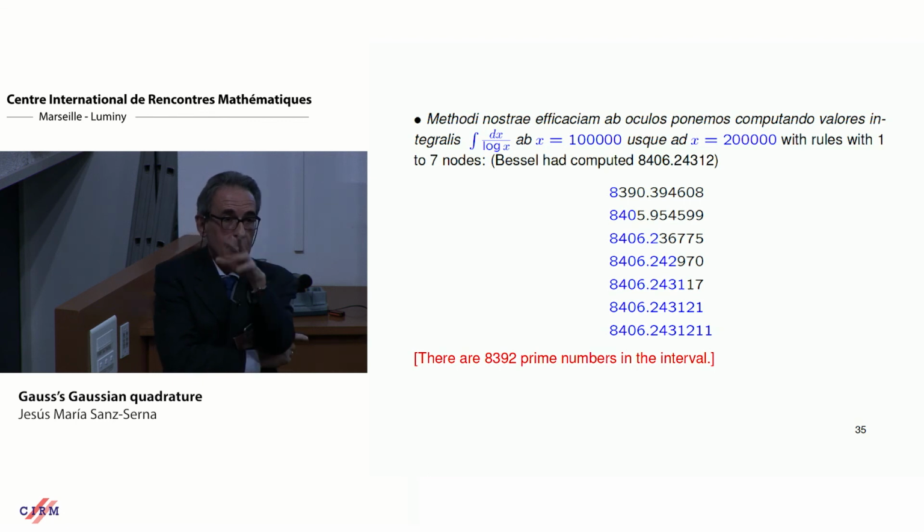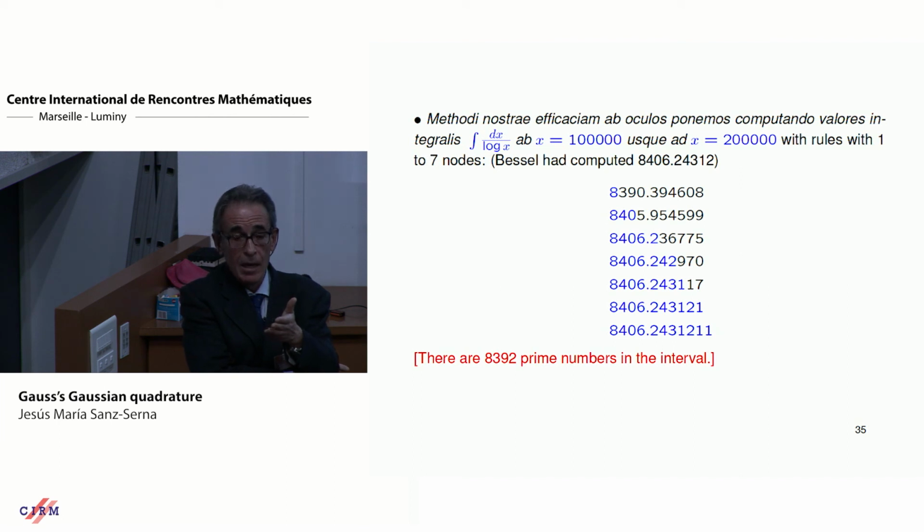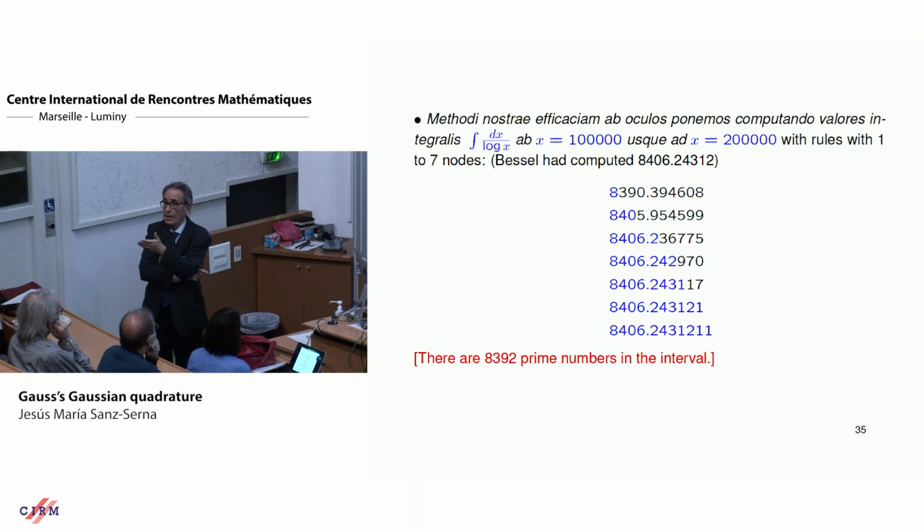When he writes the linear system of equations for the coefficients of t, he says, okay, I've got n plus 1 unknowns, therefore it will have a unique solution. He doesn't care to show that the weights are positive. He doesn't realize that the abscissas are in the interval. He takes all those things for granted.